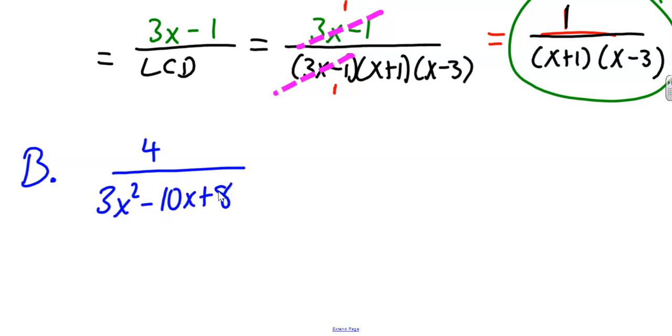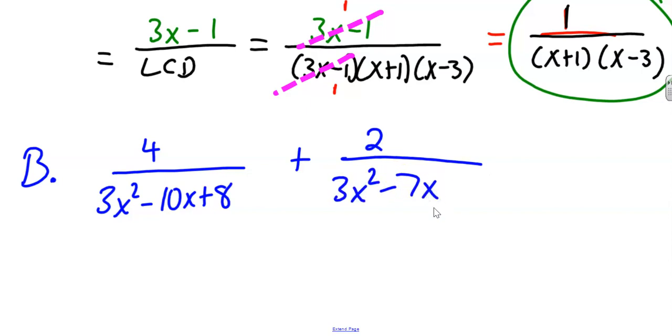So we're 4 over 3x squared minus 10x plus 8, and then plus 2 over 3x squared minus 7x plus 4.